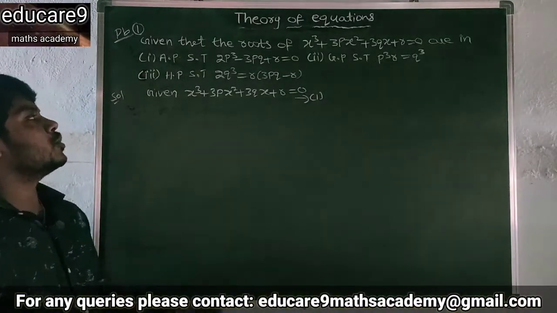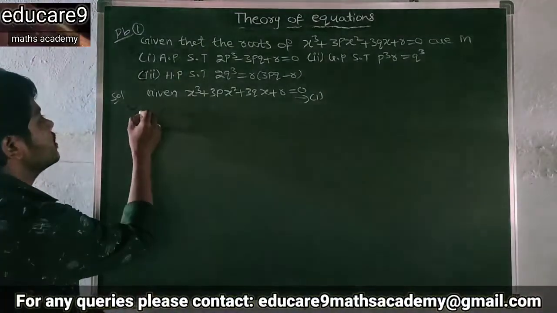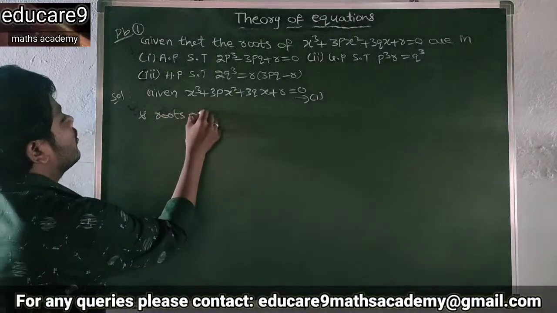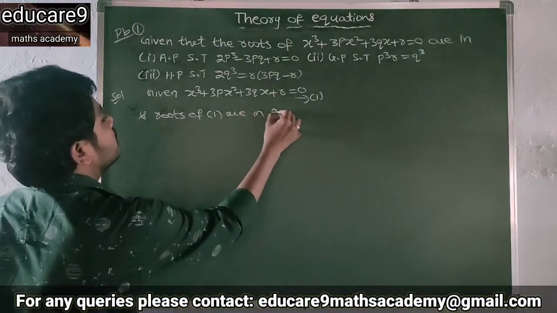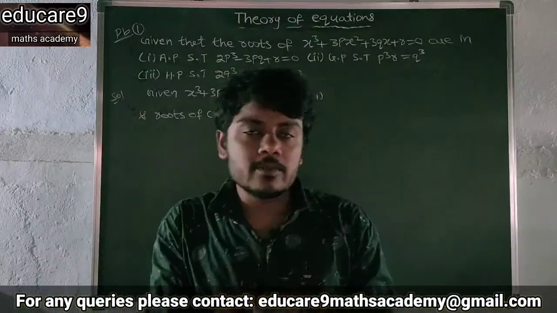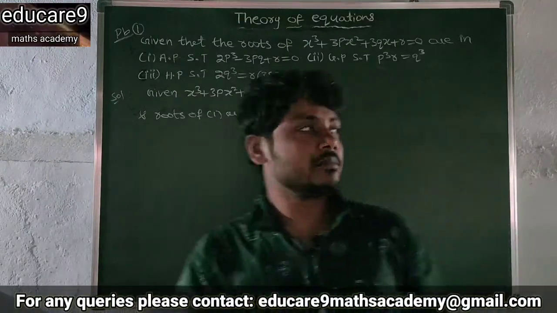Now the roots of the cubic equation are in AP, so in that case, we have to assume that the roots are a minus d, a, a plus d.